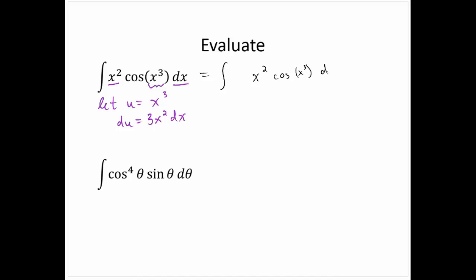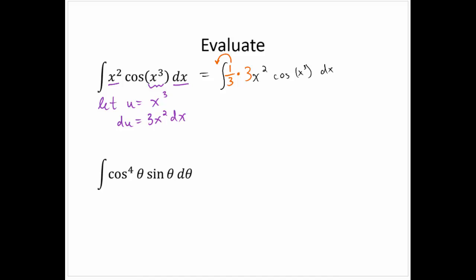But I say, well, wait a second, I need a 3x squared. So I bring the 3 in, but I just changed it fundamentally, right? I didn't start with 3x squared. I started with x squared. So what I have to do is, in a sense, undo that 3 immediately by multiplying it by 1/3.